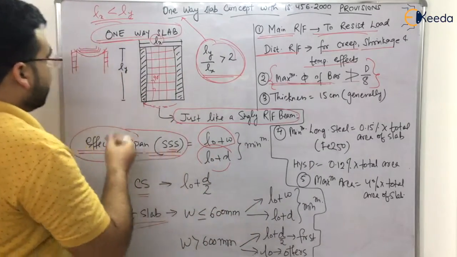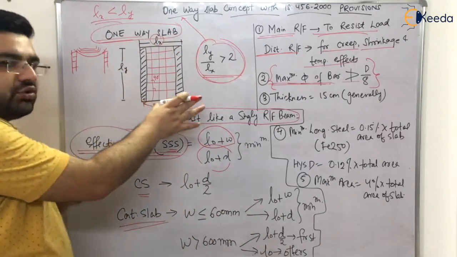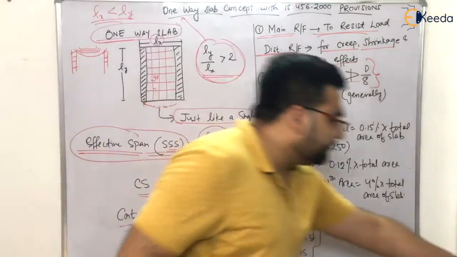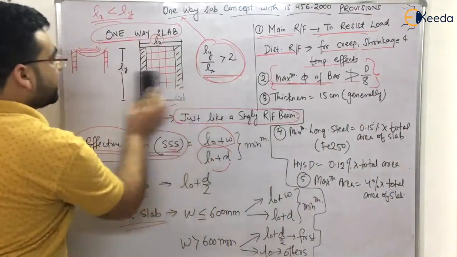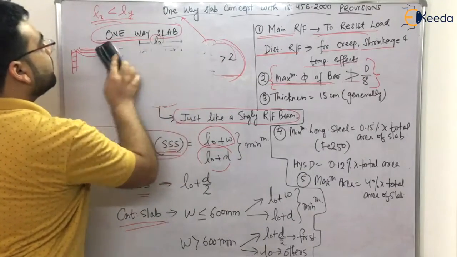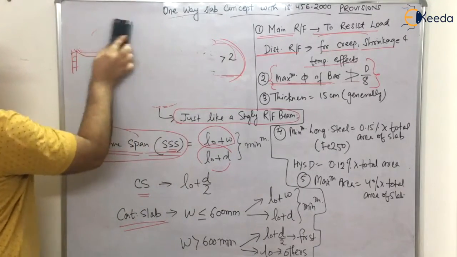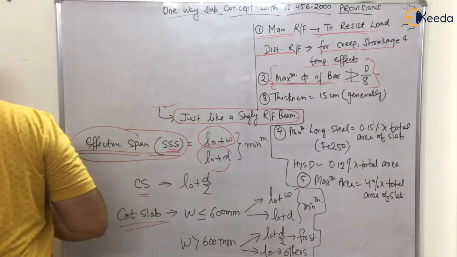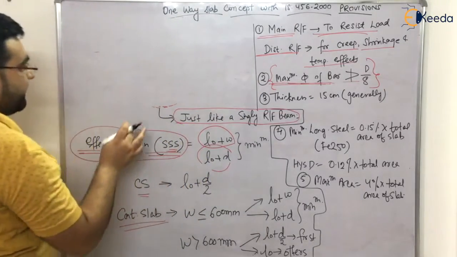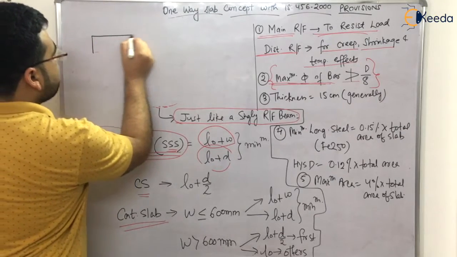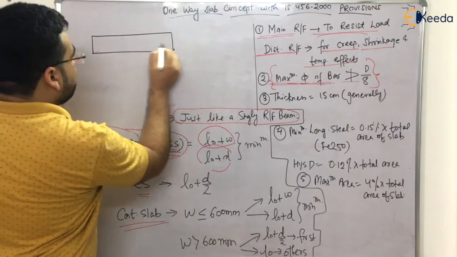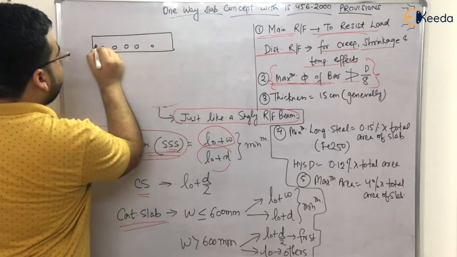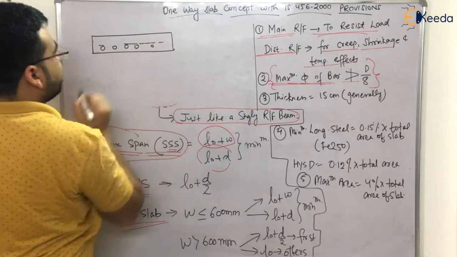And what is D? Now let me rub this diagram. I guess you have understood this diagram. No need for this diagram now. Okay. Now what is D? Let us say that this is the slab. This is your main reinforcement, and let's say this is your distribution reinforcement, like this, right?